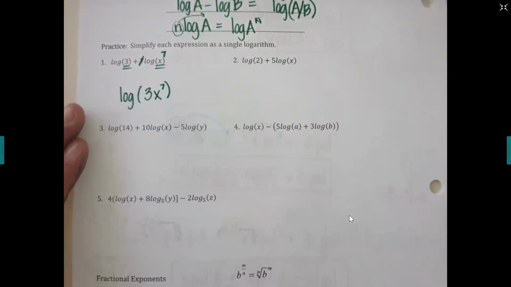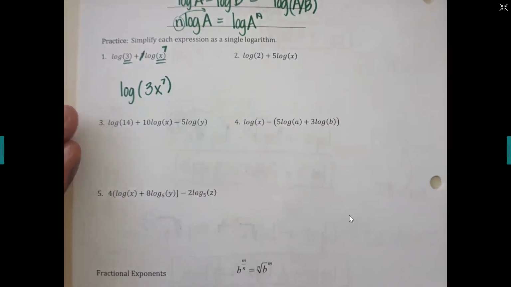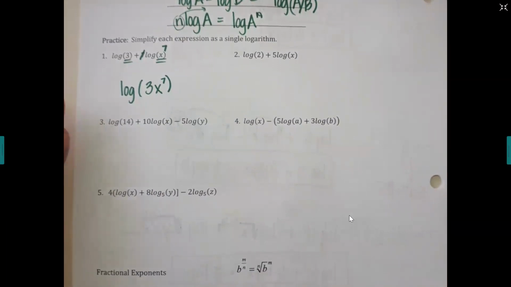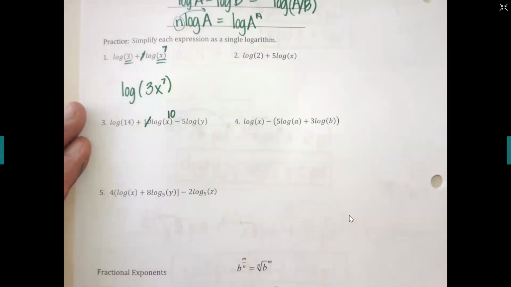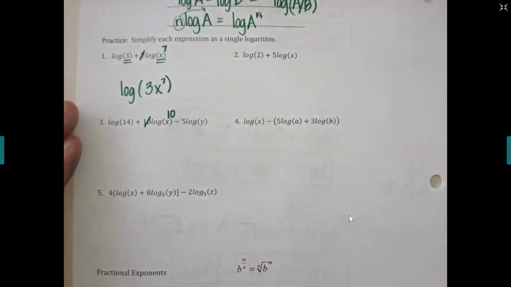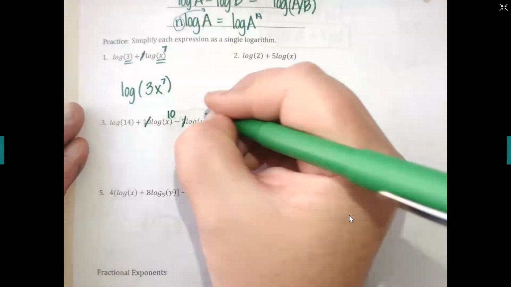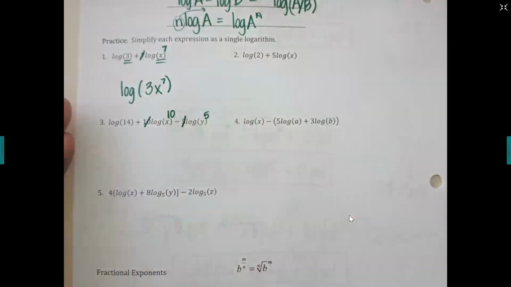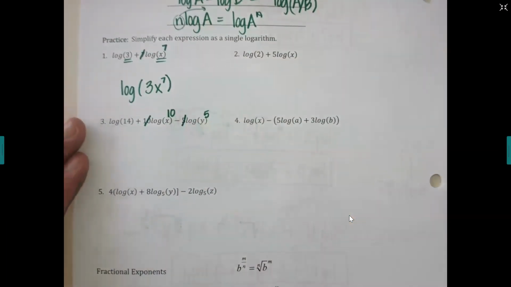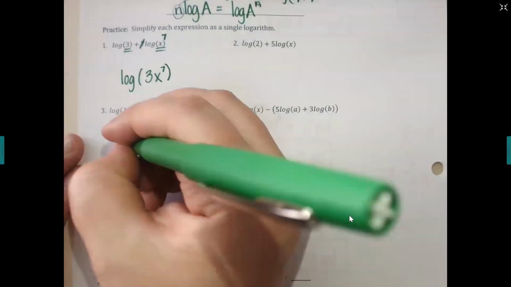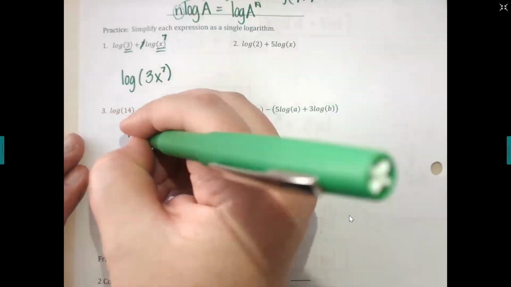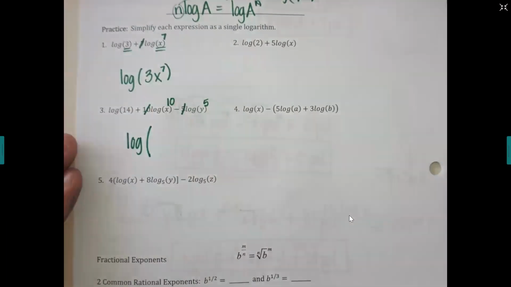Let's skip number 2, go down to number 3. What numbers can move up as exponents? Okay, the 10 can go up to be an x to the 10th. And the 5 can move up to be a y to the 5th. From there, I'm going to package all of that back together into the same log. So I'm going to have log, parentheses.